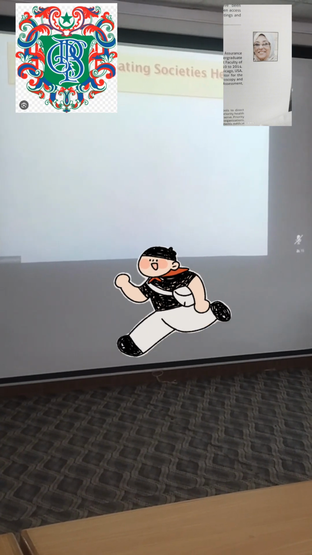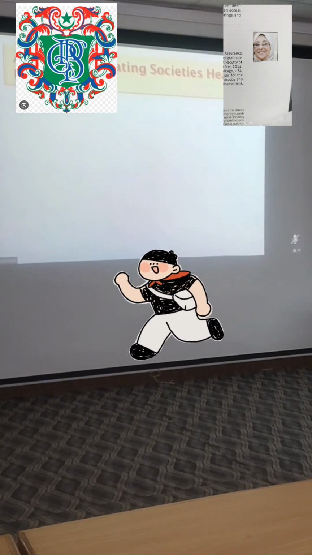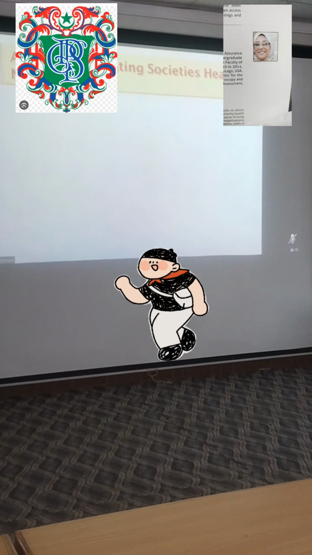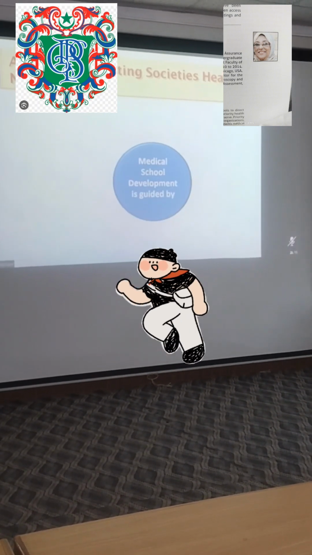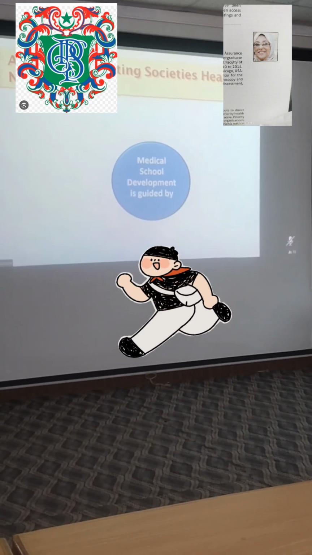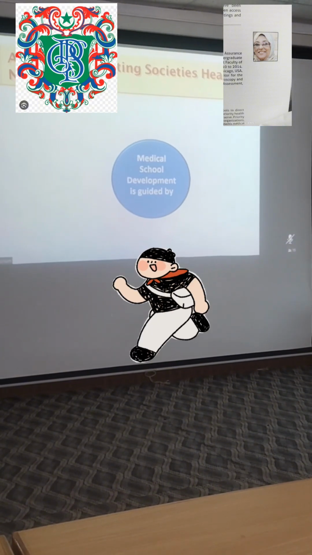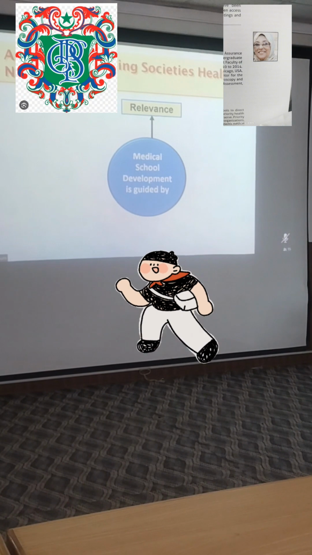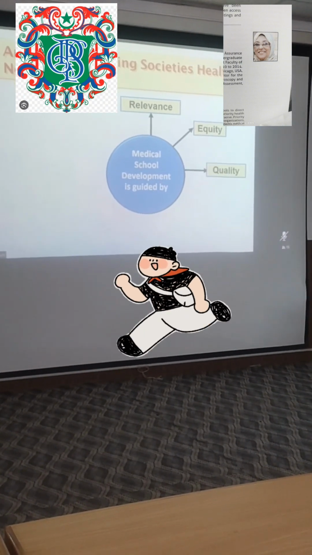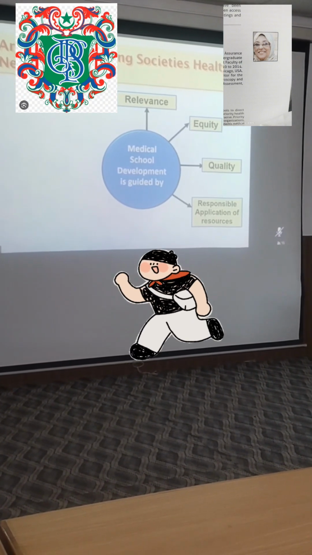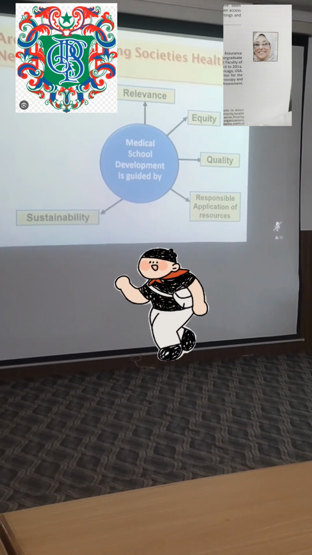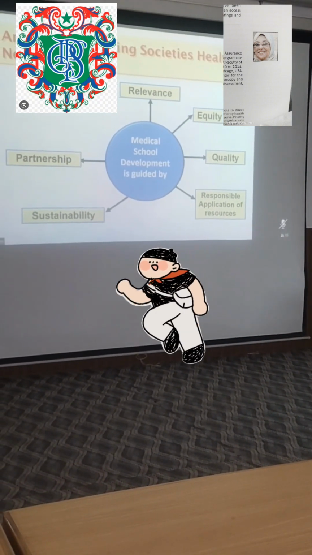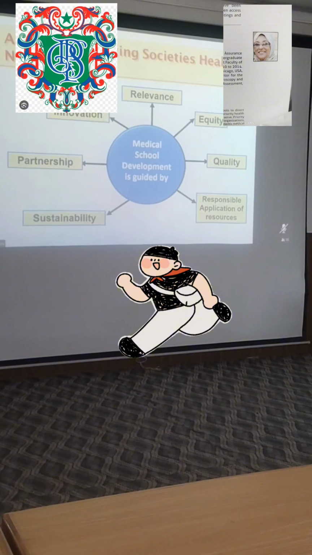So the first area is that the medical school should anticipate society's health needs. What are the sub-areas here? The first is that the medical school's development, from the beginning of its start, should be guided by relevance, equity, quality, responsible application of resources, sustainability, partnership, and innovation.